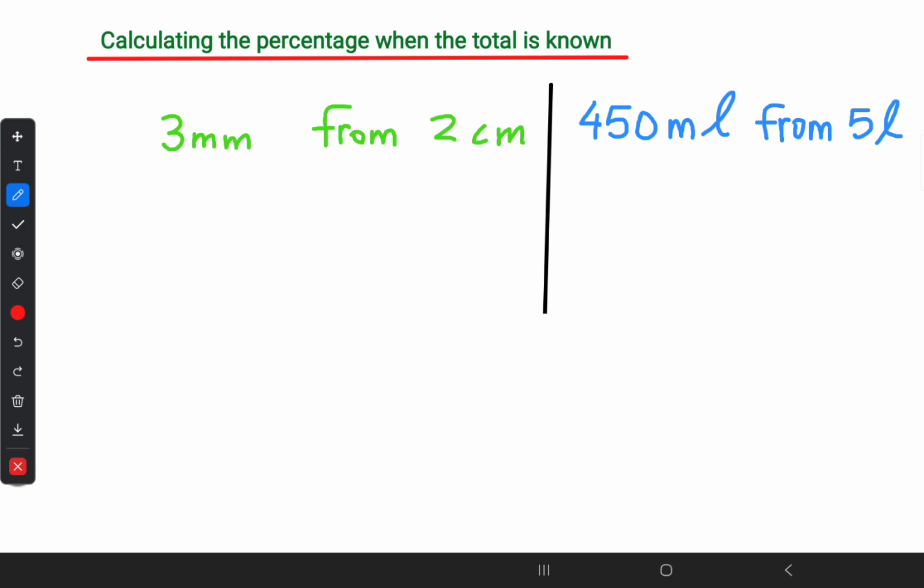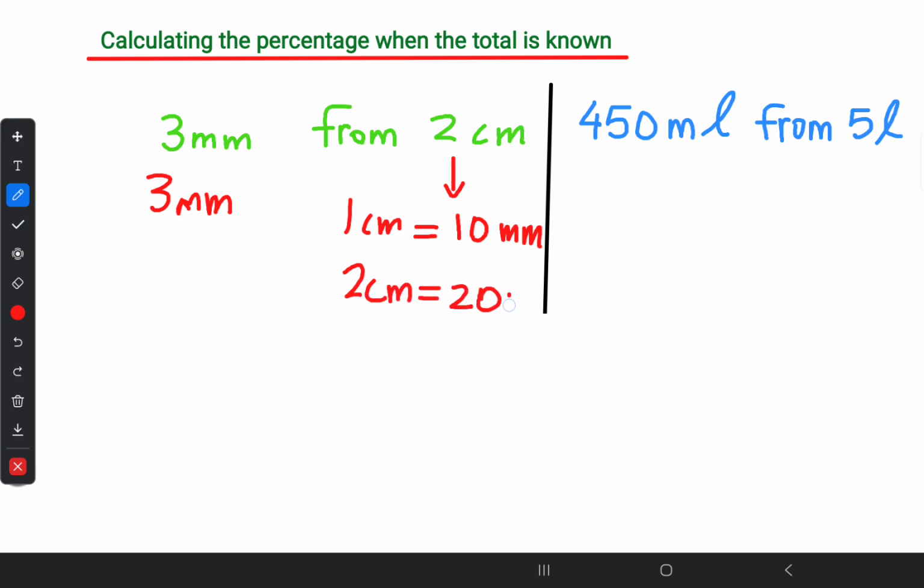For the next question, 3 millimeters still remains the same. From 2 centimeters, you should convert to millimeters. 1 centimeter is 10 millimeters. So 2 centimeters should be 20 millimeters.